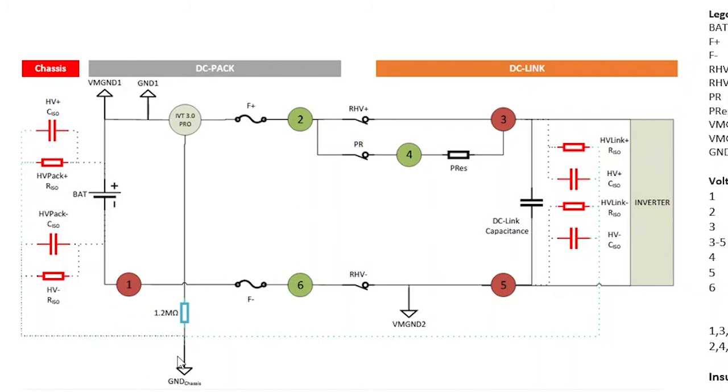The only difference here is that IVT is sitting on the positive side of the battery, and as a consequence the first voltage sensing point has to be placed on the negative side of the battery, and the chassis ground connection still has to be placed for the insulation resistance monitoring to work, but you have to install a 1.2 mega ohm resistor on this line.